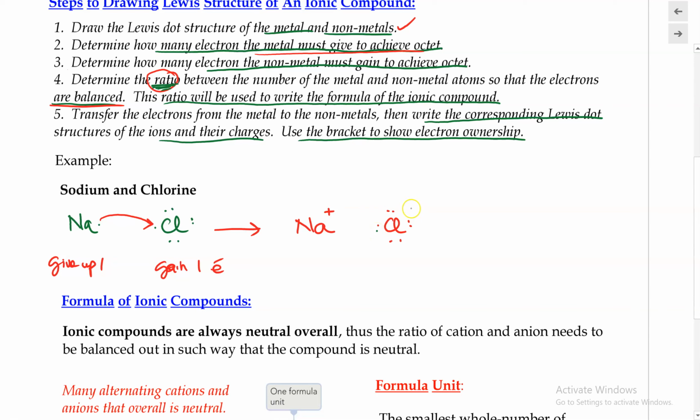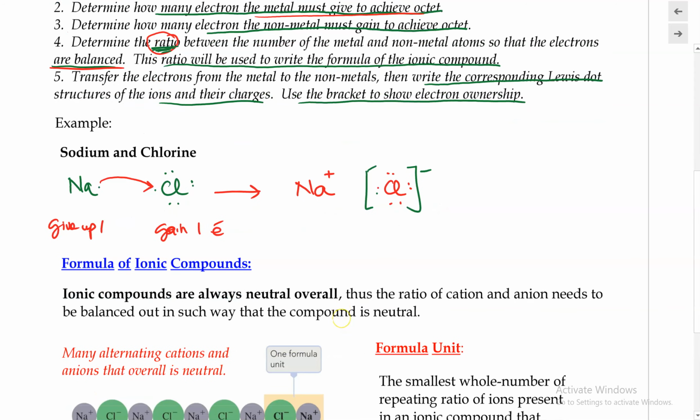For any atom that has valence electrons around it, we put it inside a bracket to show all the electrons in there belong to that element. And now we put the charge outside. In this case, the chlorine becomes -1. So there you go, and this would then be the Lewis structure of this ionic compound.